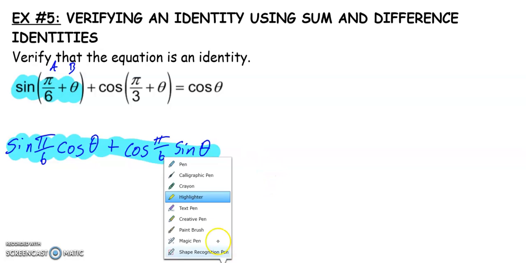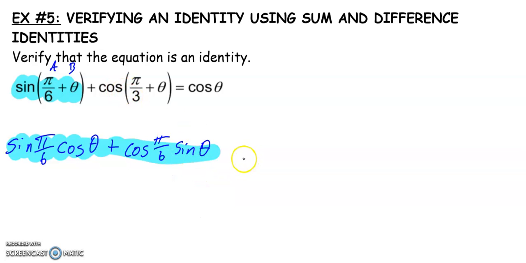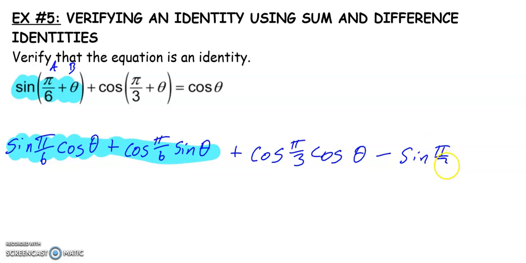Now let's add to that. Now we're going to do the next part. Plus cosine pi over 3. So we're adding. So this is going to be the cosine of a, pi over 3, times the cosine of b, theta, minus, because we're adding, the cosine becomes a minus, sine pi over 3 times the sine of theta.